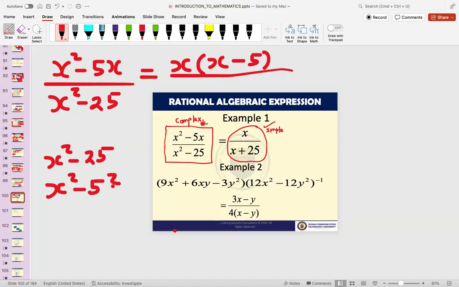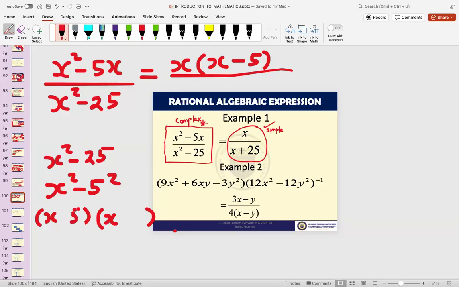The moment you write it as 5 squared, then you have the difference of two squares, meaning open two brackets, bracket 1, bracket 2. Write x 2 times. You write x here, you write x here. Write 5 2 times.